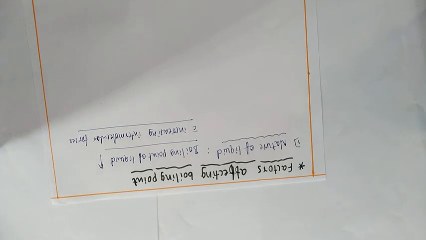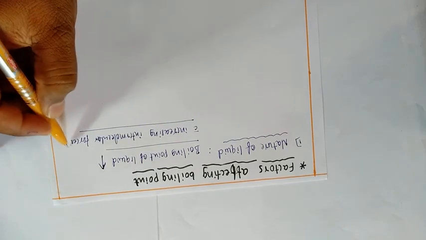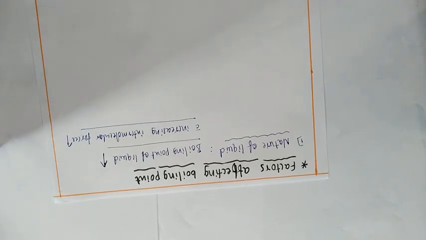You can consider any liquid. The liquid which has strong intermolecular force contains the higher boiling point. So boiling point of liquid increases if you increase the intermolecular force of a liquid.